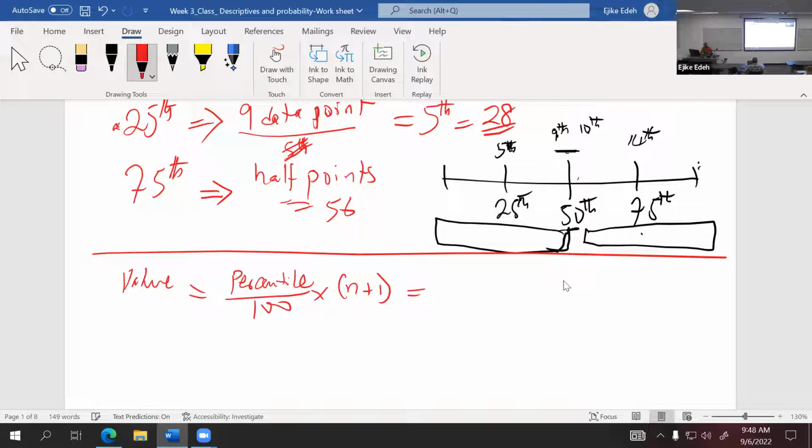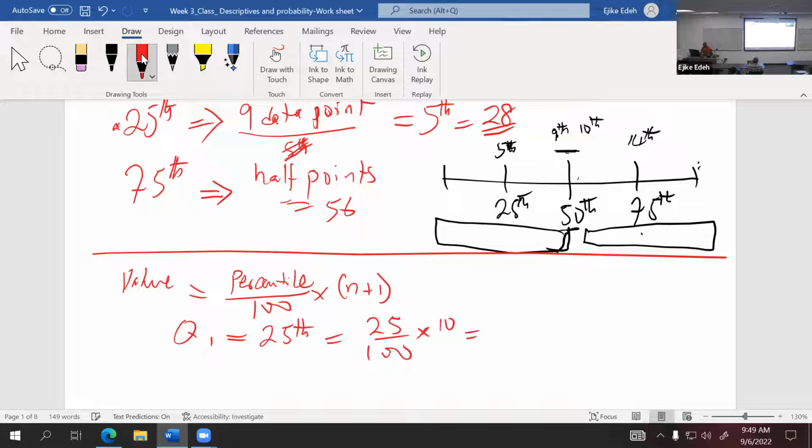Okay. So here, let's get Q1 first. So Q1 will be equal to the 25th percentile, right? And so you are doing 25 divided by 100 times n plus 1. N is 9, isn't it? N plus 1, n is 9 plus 1 is 10. Okay.